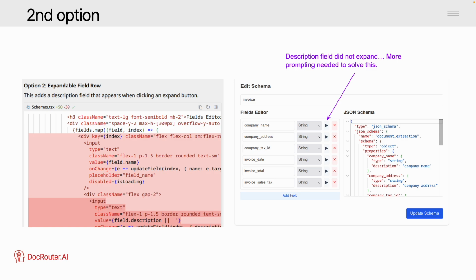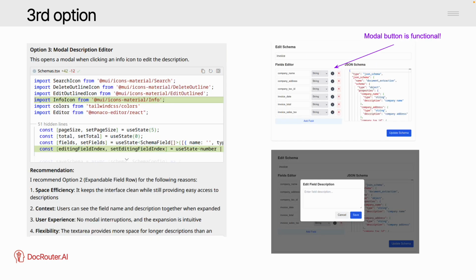If I was to continue down this path, it would really solve all these problems. The third one was to put an eye icon for information, and this one would pop a modal, and this actually just worked. However, Cursor recommended option 2, so if I was to really implement this, I would go back to option 2 and do a few more prompts to sort out how to implement this.